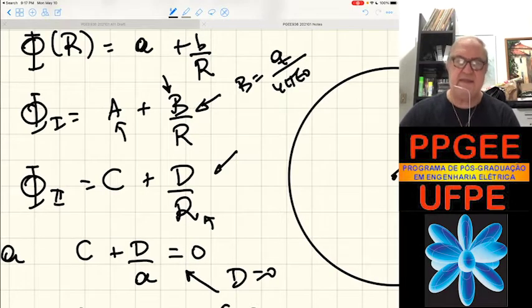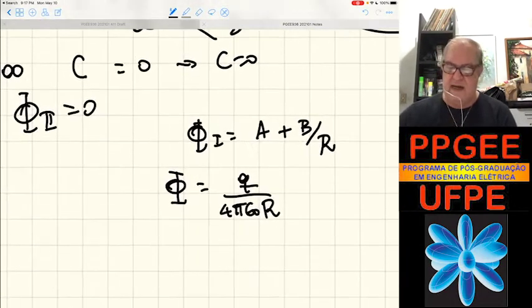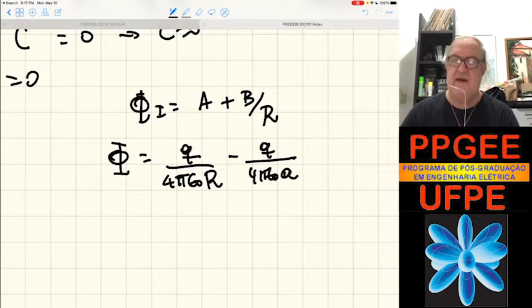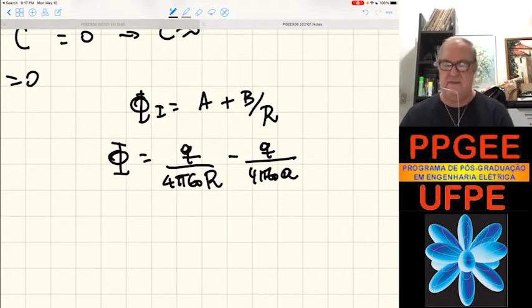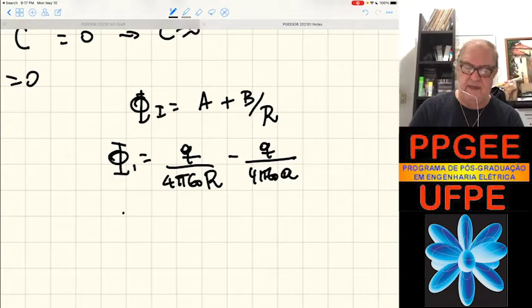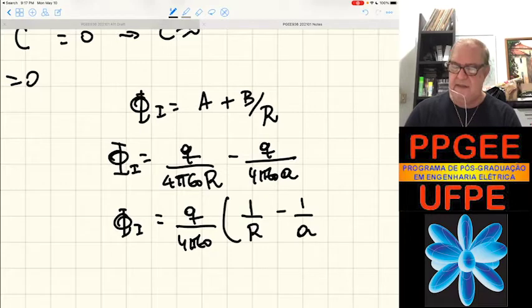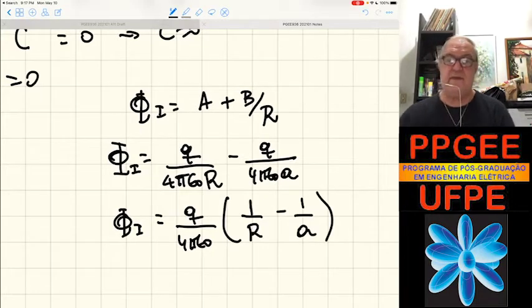We have to find A such that the potential goes to 0 at r equals a. Just subtract Q over 4 pi epsilon 0 a. You have the solution, right? That's the solution of the potential inside. There's a traditional solution plus a term that guarantees that the potential is 0 on the surface.